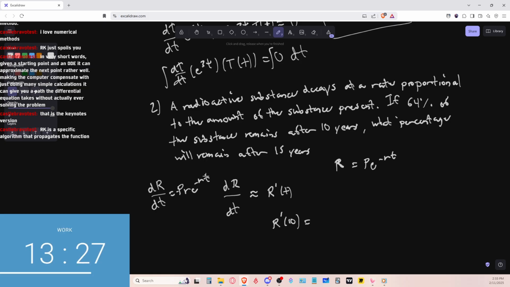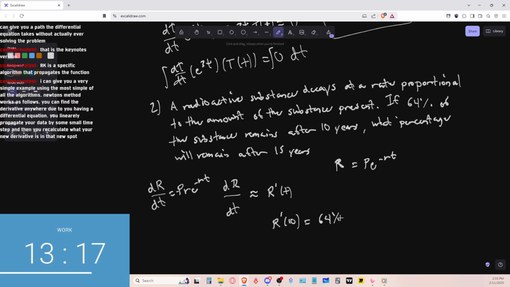So it's supposed to be 64%. So 64% of the remaining substance after. So what percentage will remain after 15 years?